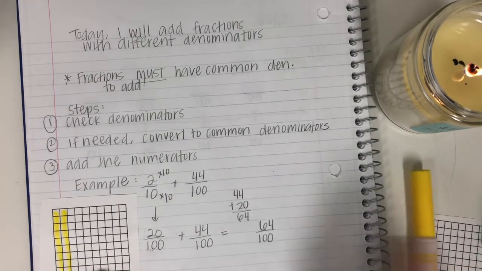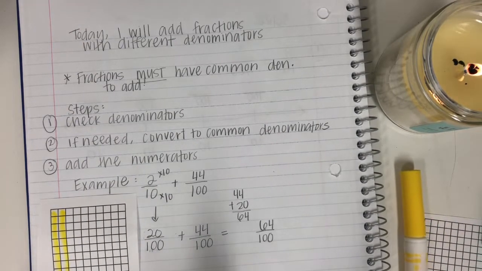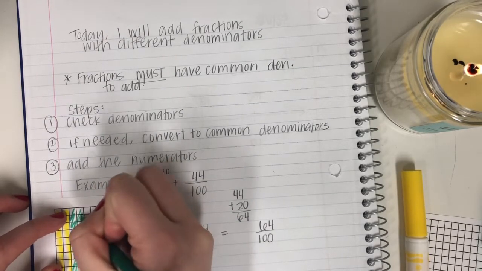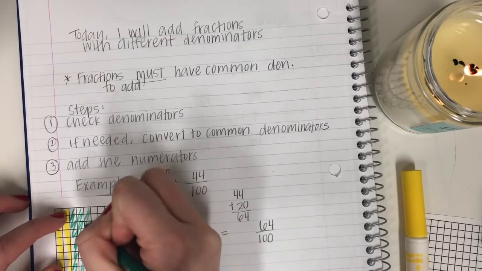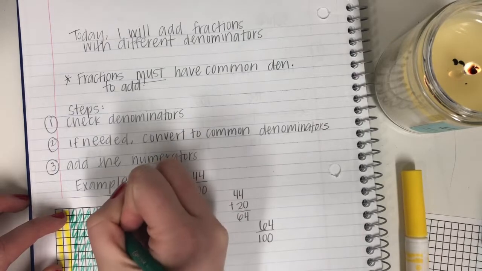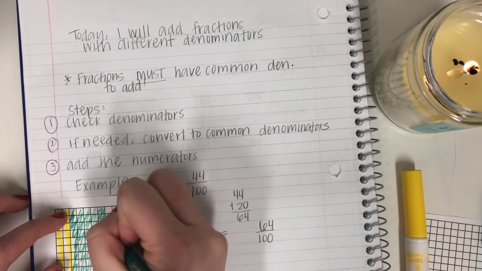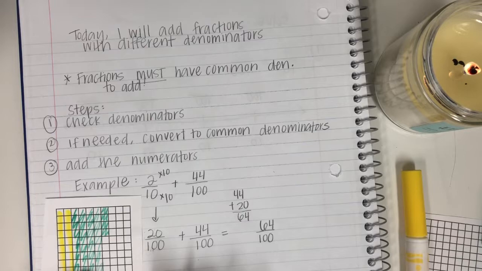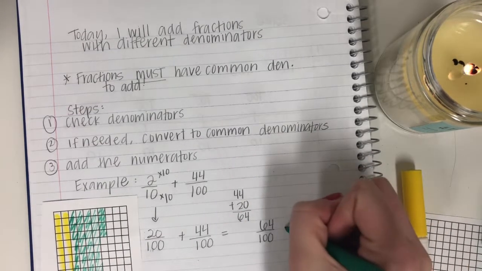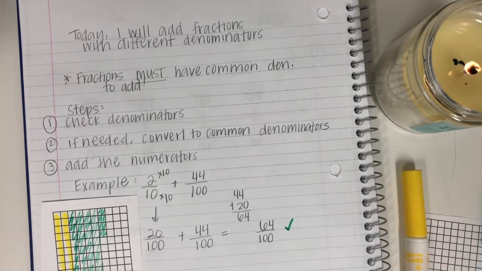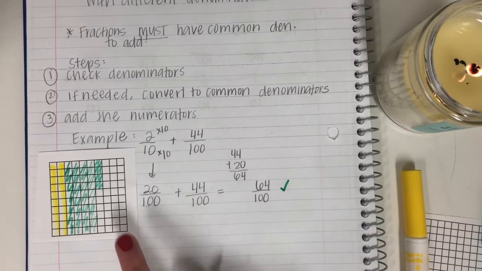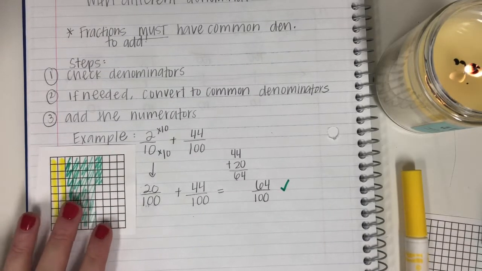So 20 plus 44, 10, 20, 30, 40, and then 4 more, 41, 42, 43, 44. Does that give me 64 shaded out of 100? Yeah, so I'm good there. I can prove it with an area model, okay? So these are just for proving our answer to be true. So I'm gonna glue that in later, but for now, I'm just gonna leave it up there.